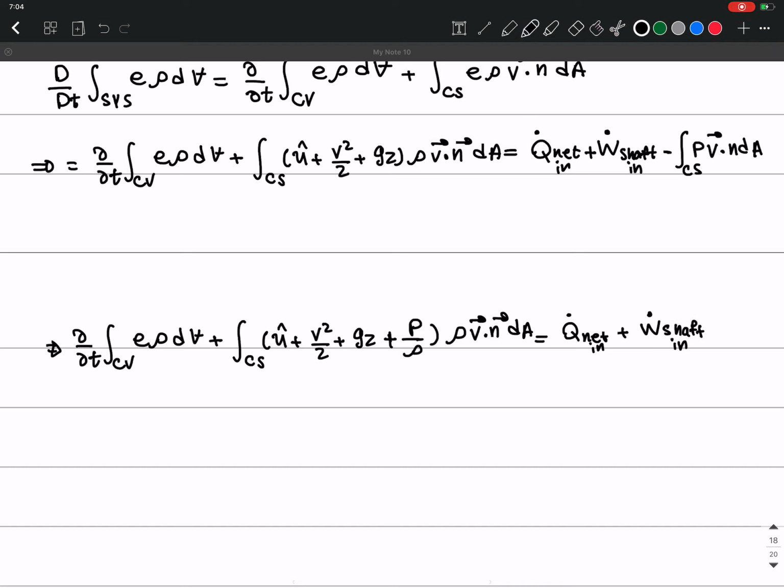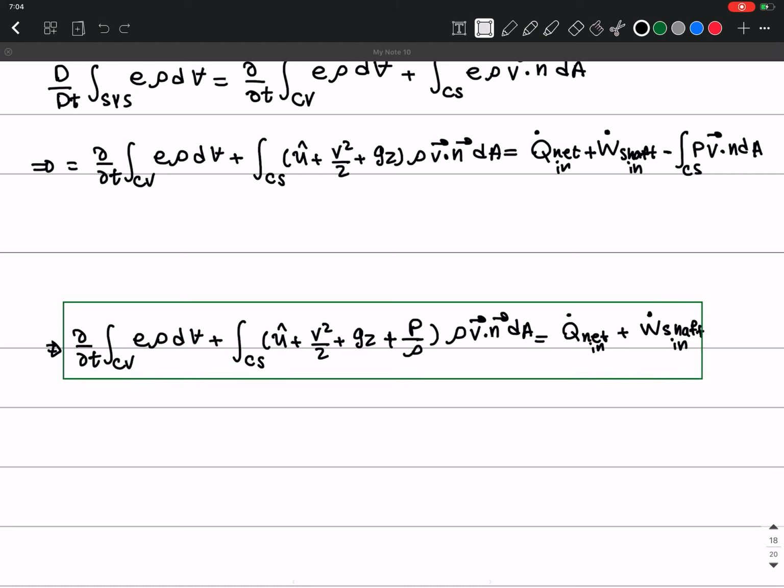Let's say if you have any pump or any shaft. So this is a very important formula, as you see, and we are going to further simplify it.